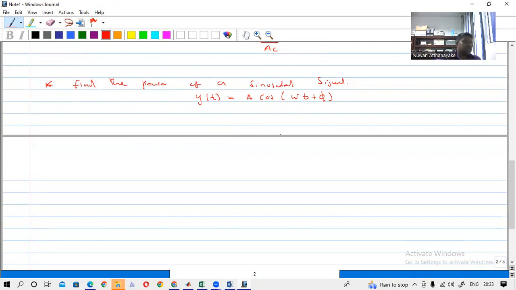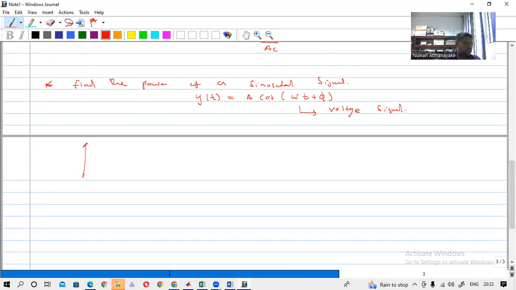Let's say that this is a voltage signal. If you consider the voltage with respect to time, it is changing sinusoidally. The angular frequency is omega, which is equal to 2 pi f, and there is some phase difference, phi.